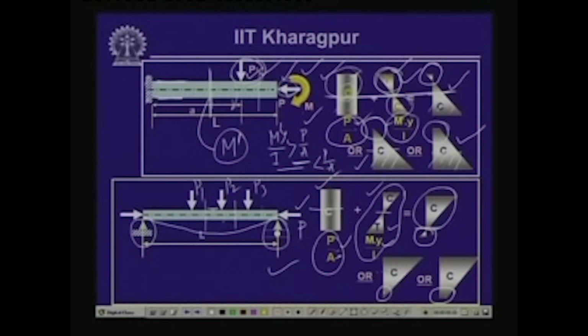We get compressive stress always at the top, but the bottom part could be tensile, zero or compressive, depending on the magnitude of the axial load, the magnitude of the transverse load, and consequently how much bending moment and bending stress is generated.